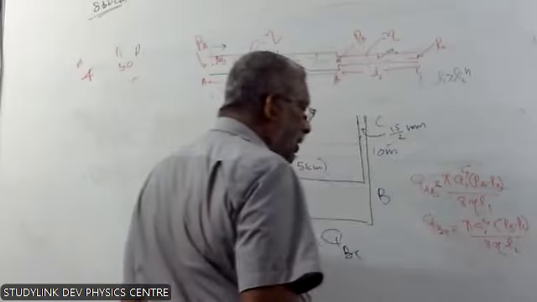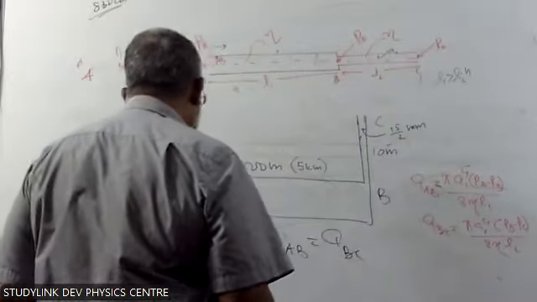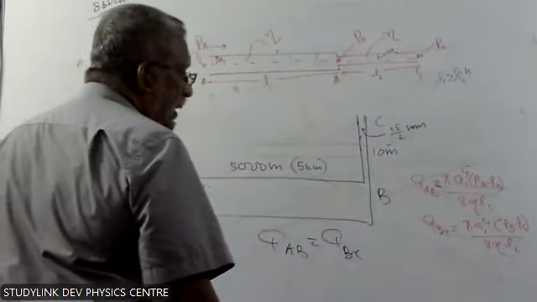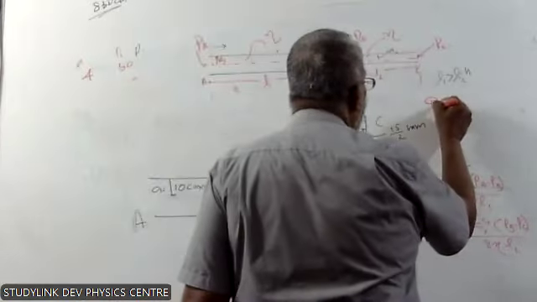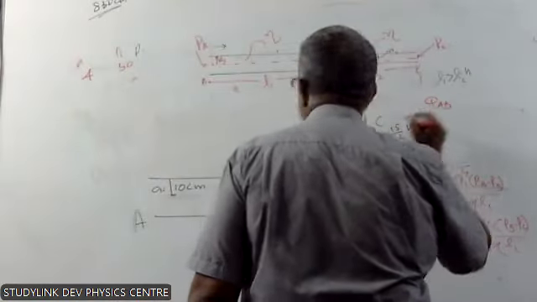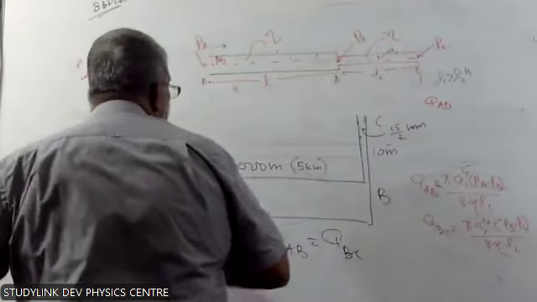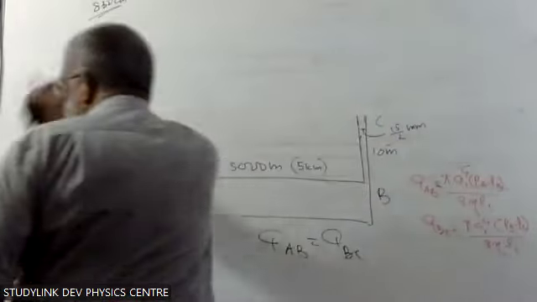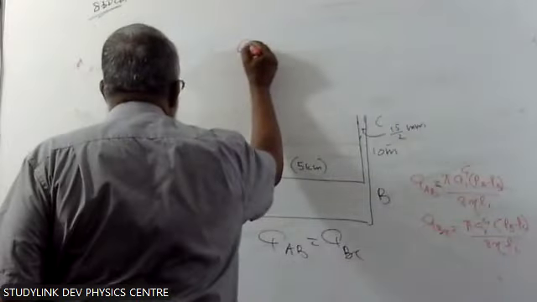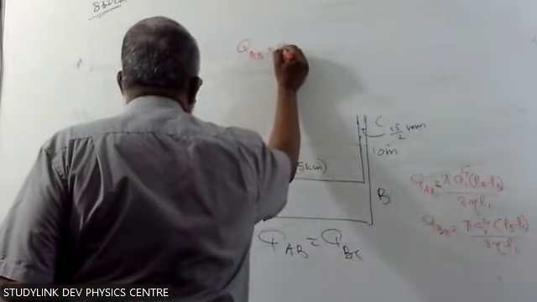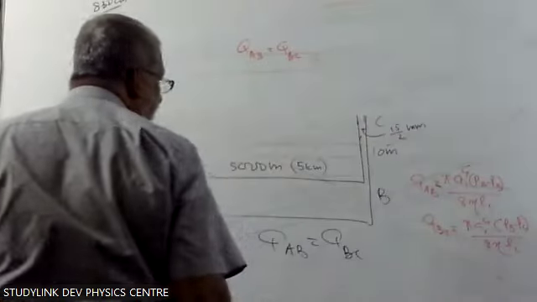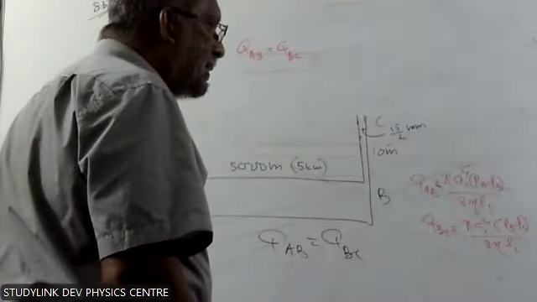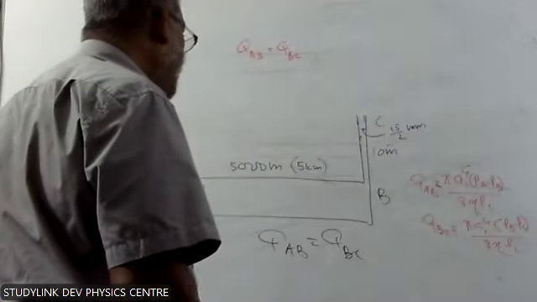Then you write QAB is equal to QBC. Then you get a certain equation.